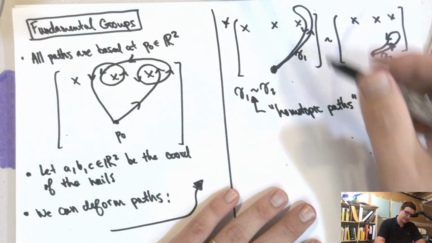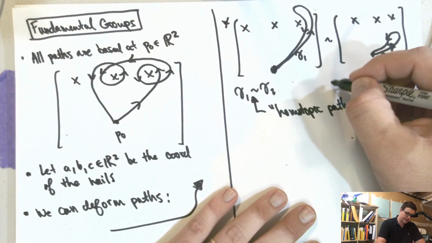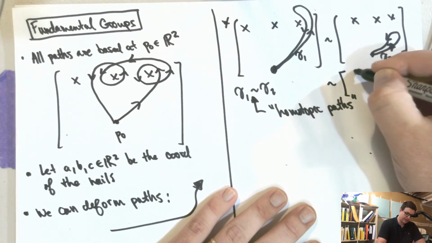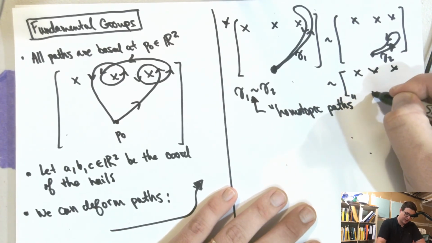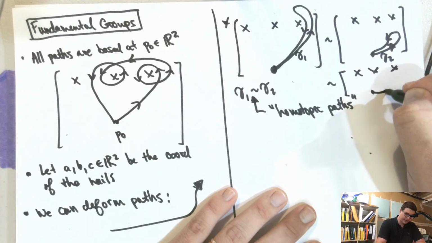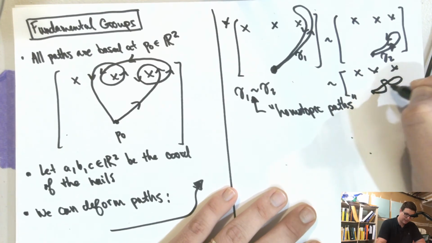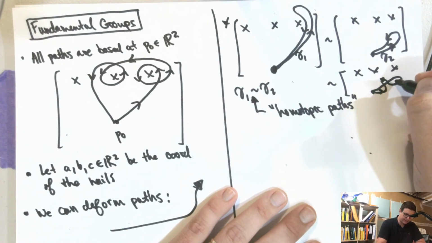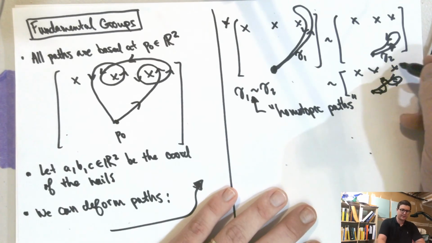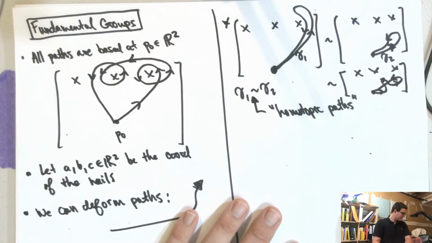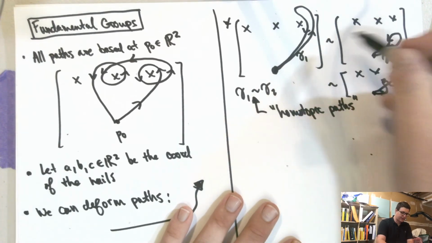So this thing is also equivalent to, if I did something like here, it can cross itself. That's also allowed. So these things are all homotopic.